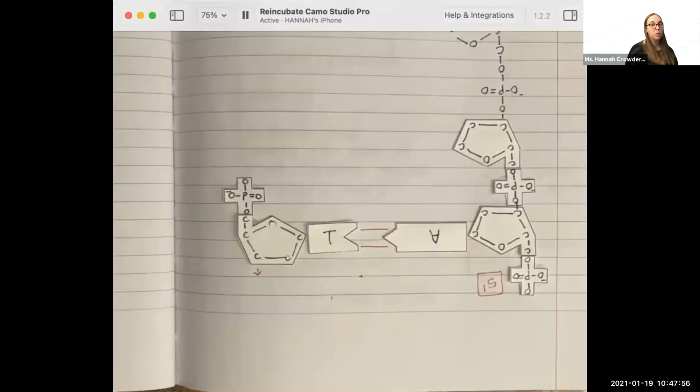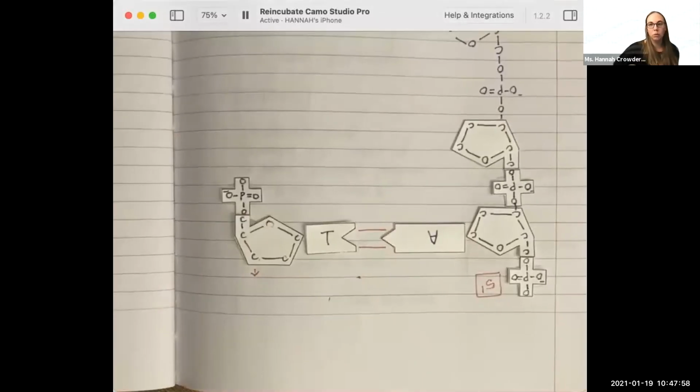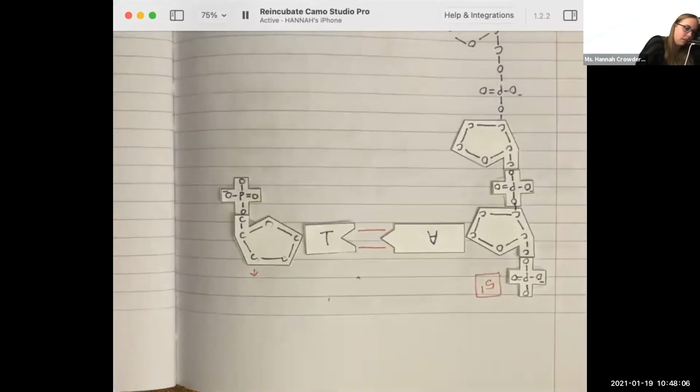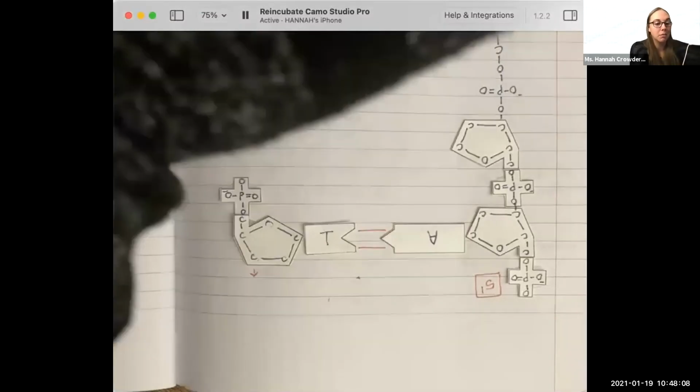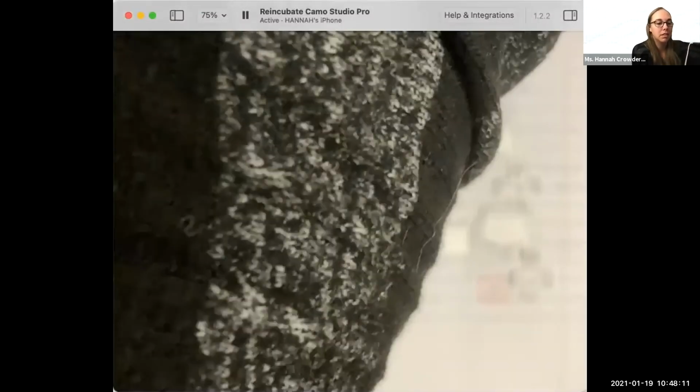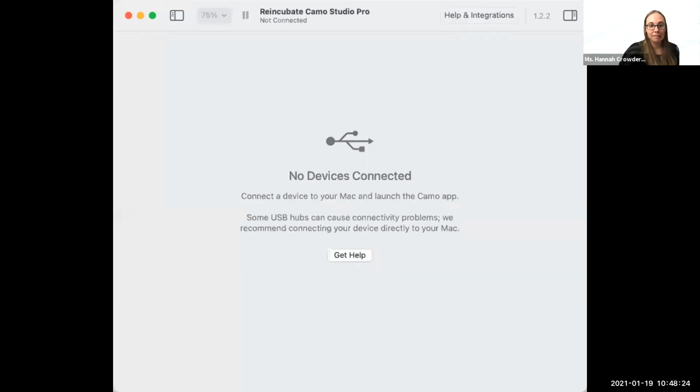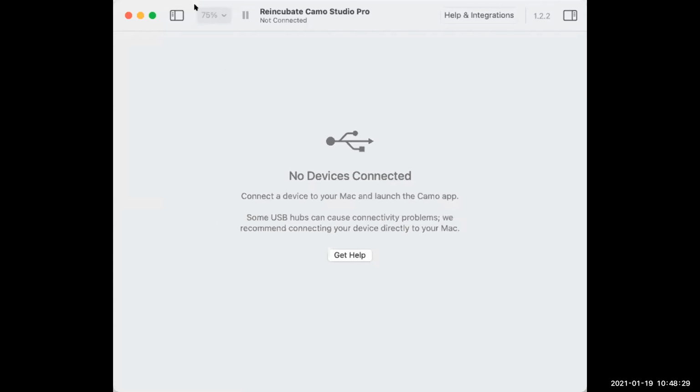Now I said before that you can only, ooh, my computer's going to fall asleep. Let's see if I can figure out another way to plug it in. I just need more outlets on my computer. Let's see what this does to you guys. Did you, oh, am I back? Can you see my notes? For me, it says no devices connected.